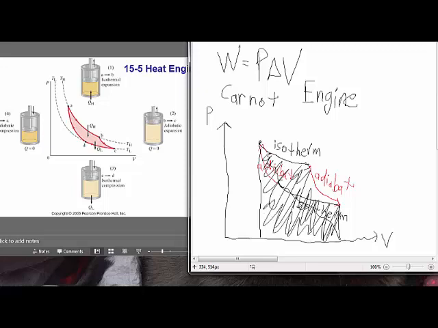So if we didn't have to go backwards with our piston, this area would be the amount of work done. But we do have to go backwards, so we have to subtract out all the area under the retreating isotherm and adiabatic lines.